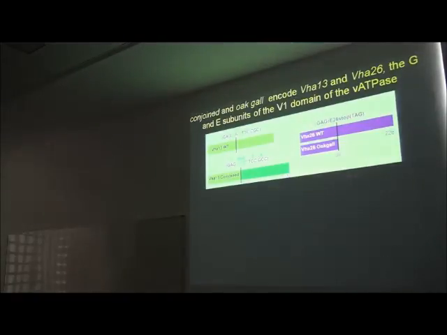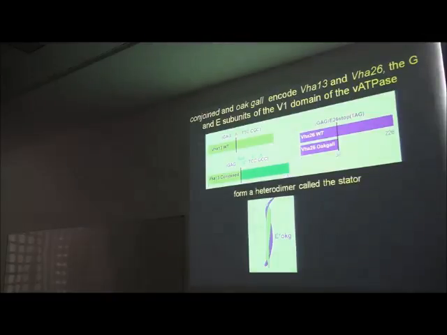So OCO and conjoint turned out to encode two different subunits of the vacuolar ATPase, VHA13 and VHA26, which are the G and E subunits. And those two proteins actually form a heterodimer that together is called the stator.